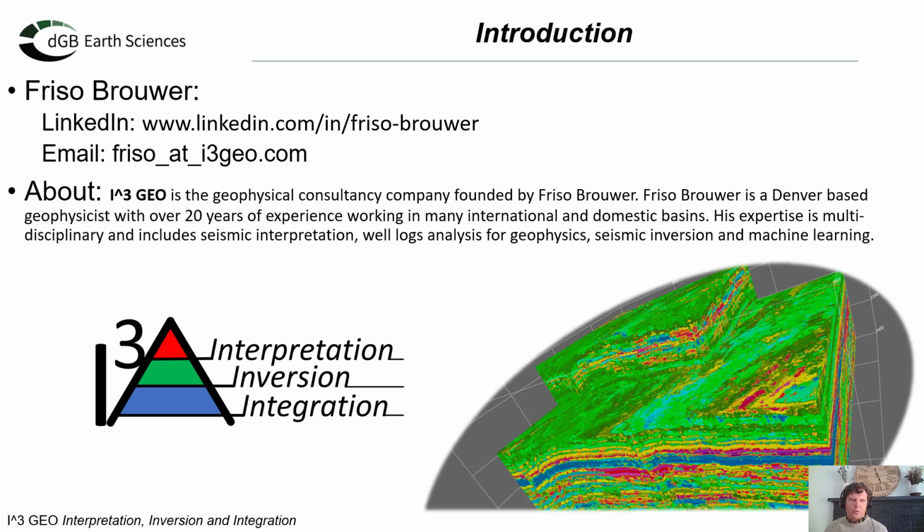Integration is the ability to merge the results of the previous two with information from other subsurface disciplines, with the ultimate objective being, for example, pinpointing prospects, creating understanding of how to optimize exploitation of a reservoir, or finding suitable locations for things like CO2 storage or harvesting geothermal energy. i3Geo's aim is to excel at all these disciplines.